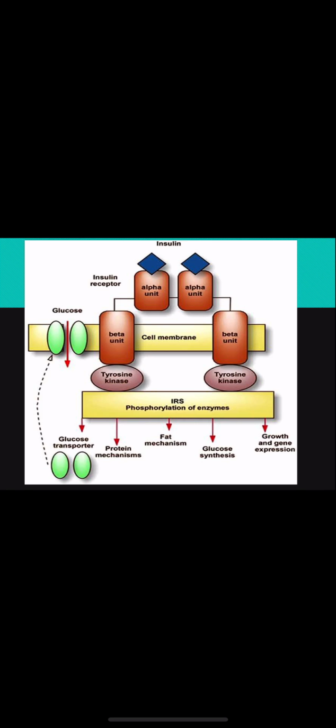There is phosphorylation of enzymes and substrates, and further there are different responses, growth and gene expression, which we will discuss in detail when we study insulin. So this is the tyrosine kinase system which insulin uses as a mechanism of action. So these are the four mechanisms of action of hormones, how they come and work.